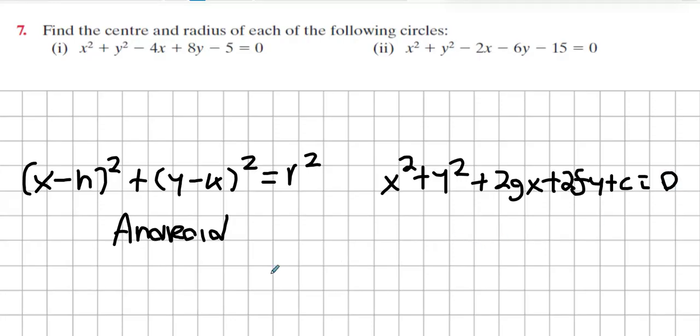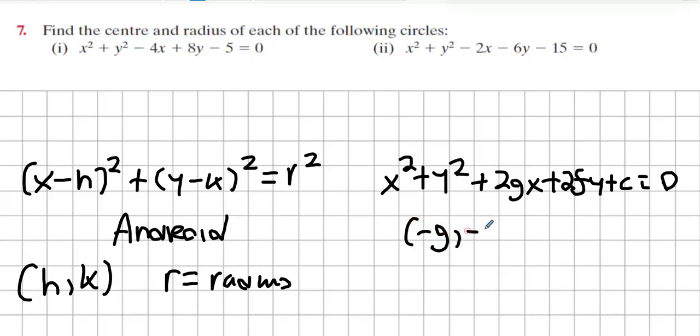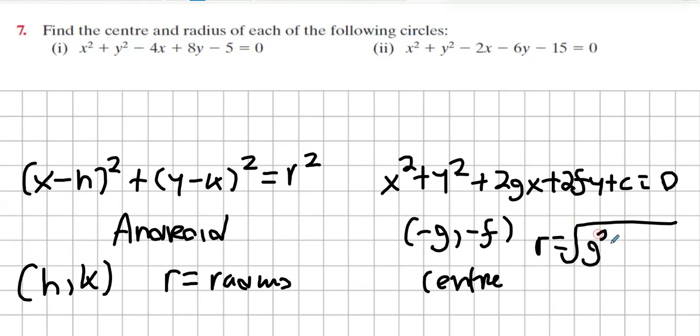So in the Android system, h, k is the center of your circle, and r is your radius. In the Apple system, minus g, minus f is your center, and your radius is the square root of g squared plus f squared minus c. I jump between the two systems. You actually need both systems, because sometimes one system is considerably quicker than the other one.